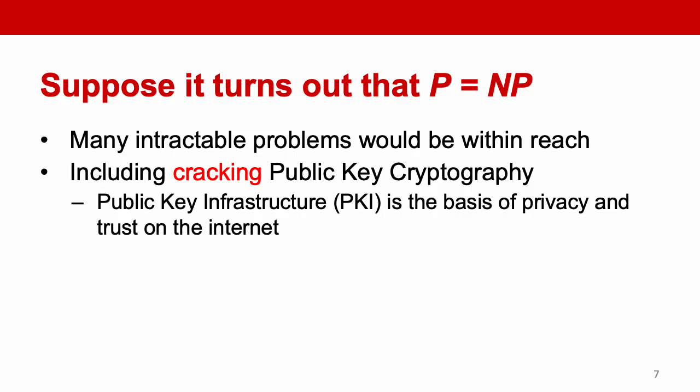If it turned out that P was equal to NP, everything would collapse on us, and we would no longer really be considered to be secure on the web at all. Your passwords would no longer be any good. It is actually true that, for instance, the RSA problem, if you're familiar with that, is breakable in polynomial time on a quantum computer.